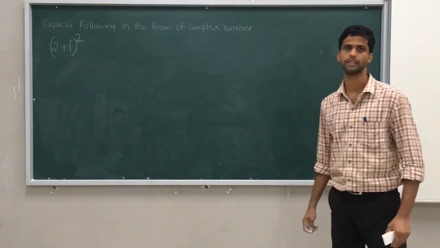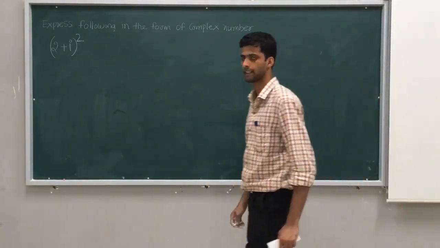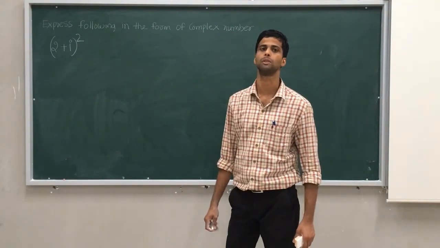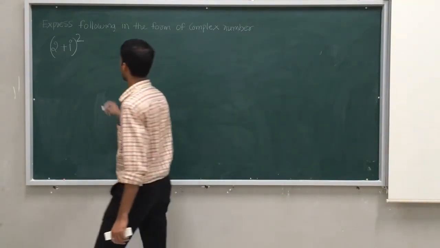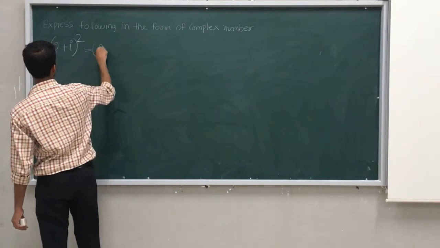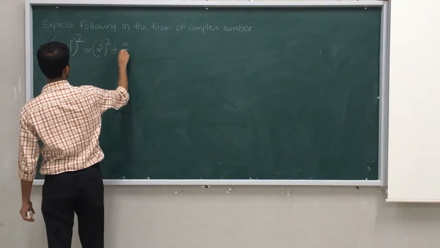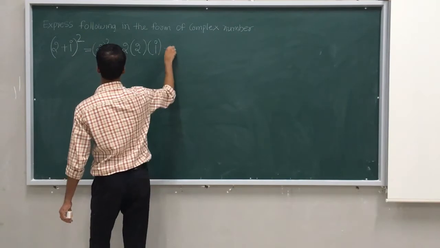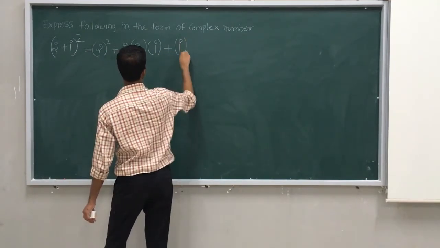What we will do here is, we know that a plus b the whole square, a minus b the whole square, a plus b the whole cube, a minus b the whole cube, all those results we know. So we will simply take a square plus 2ab plus b square.